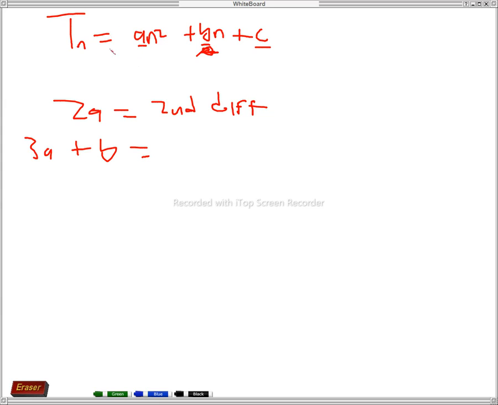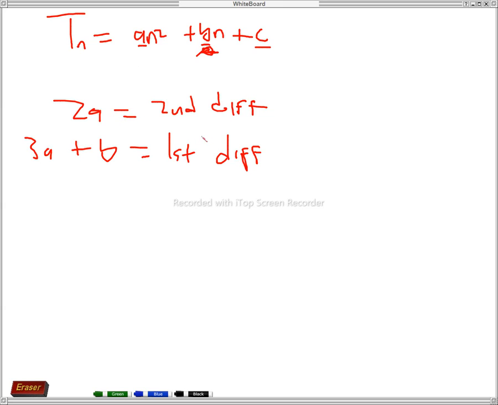In order for us to determine the value of B, 3A plus B is equated to the first difference. I don't want to write in full.